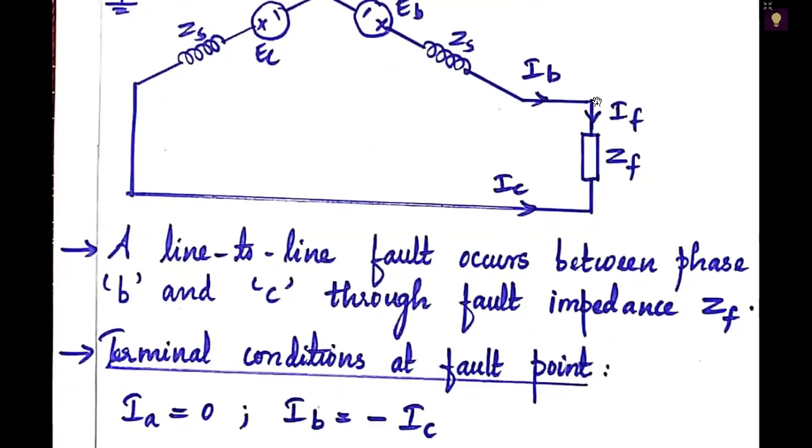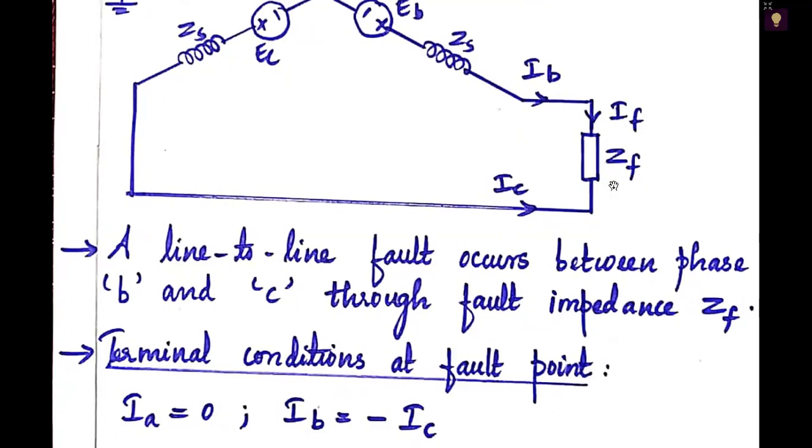Now VB is the voltage at point B and VC is the voltage at terminal C. So VB minus VC will be equal to the drop across the fault impedance. The fault current IF will be equal to IB, so the drop across this impedance will be IB into ZF.